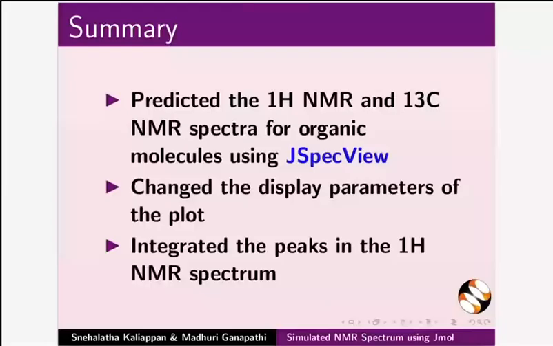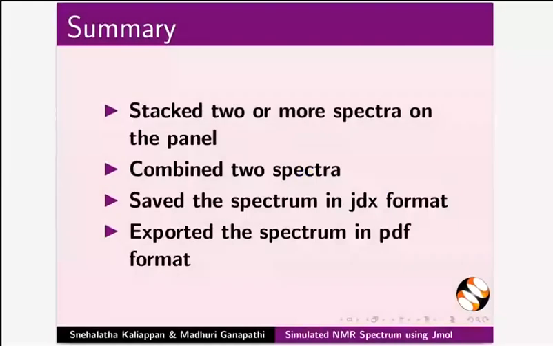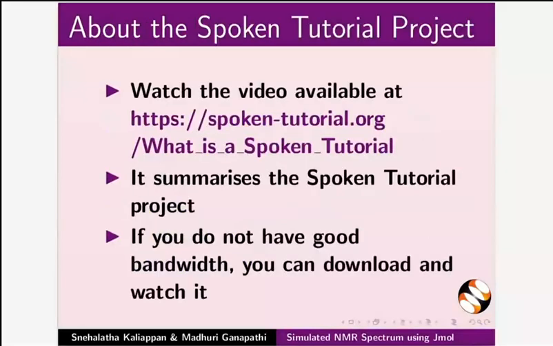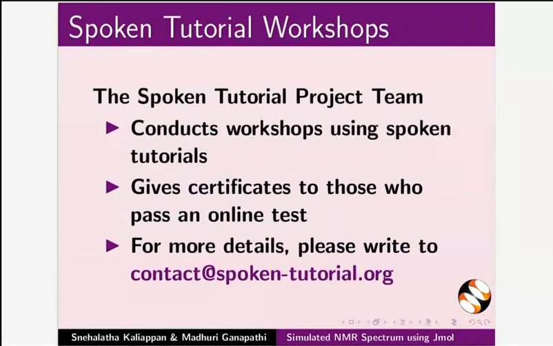In this tutorial, we have predicted the proton and carbon-13 NMR spectra for organic molecules using JSpecView, changed the display parameters of the plot, integrated the peaks in the proton NMR spectrum, stacked 2 or more spectra on the panel, combined 2 spectra, saved the spectrum in JDX format, exported the spectrum in PDF format.